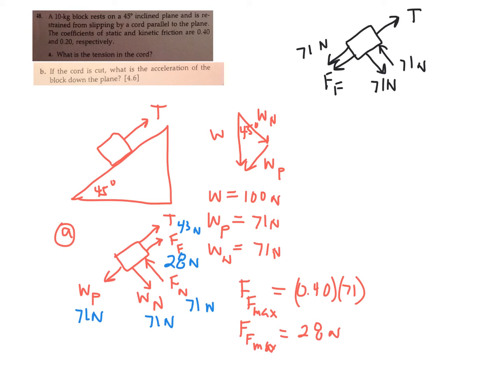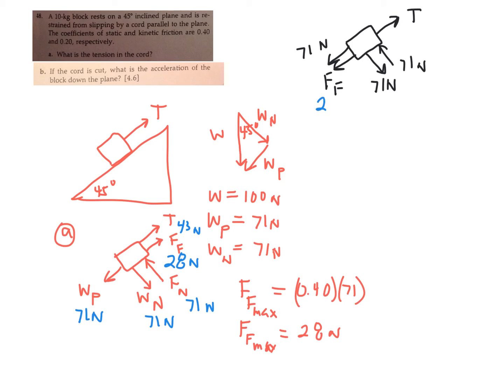By the way, you can see here in this black diagram, I filled in all the actual numerical values for the components of weight and the normal force, because they're not going to change. But once again, if I'm pulling harder and harder with T, such that I'm pulling harder than 71 newtons, the force of friction will eventually maximize at the same maximum value as before, 28 newtons.